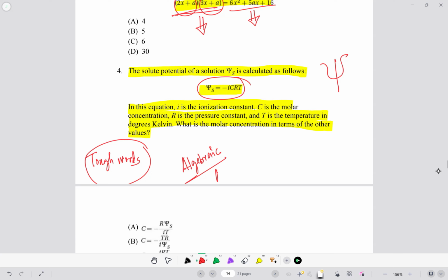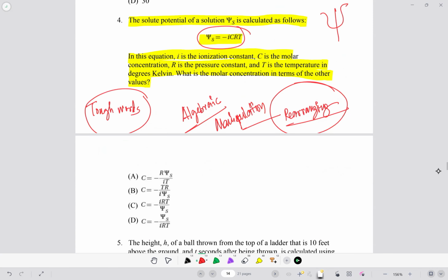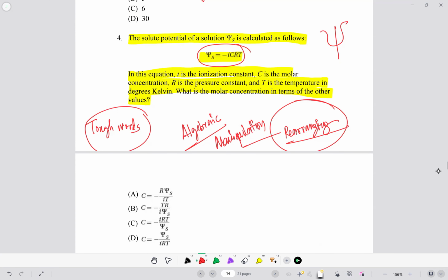Algebraic manipulation is nothing but rearranging the equation. As simple as that. Just rearrange them, because you just need to understand what is the meaning of each variable.